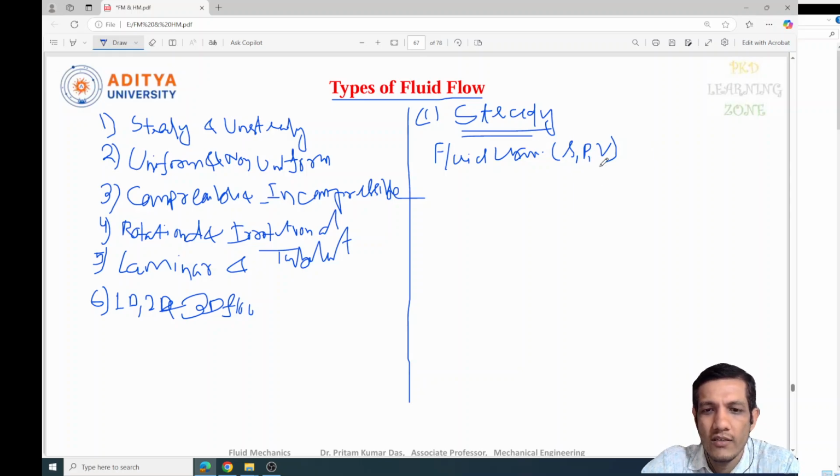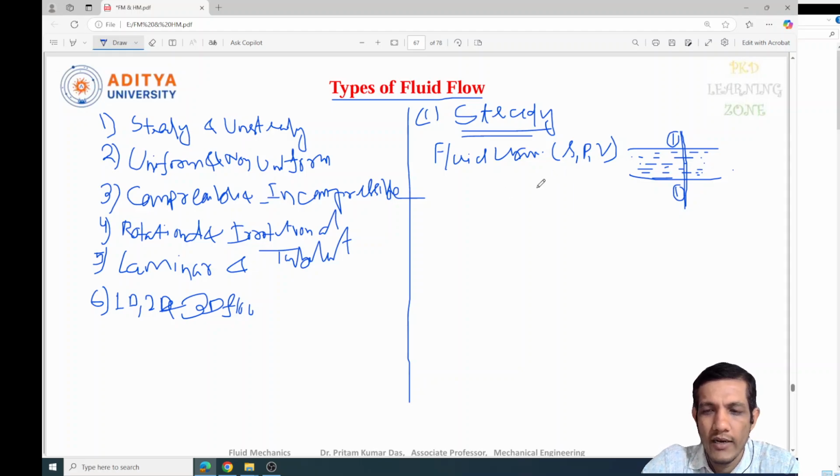So what it means: suppose there is a flow in a pipe, and let's consider a section of this pipe. Let's consider section 1. At this particular section, let's find out the density of this fluid, pressure of the fluid and velocity of the fluid at a time.